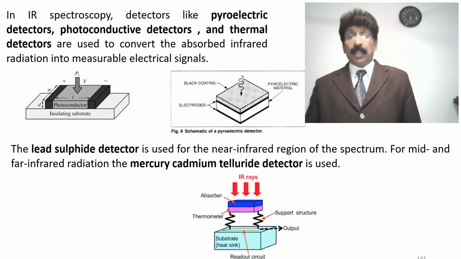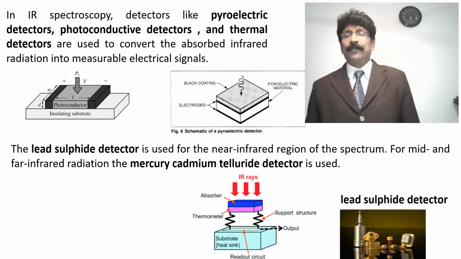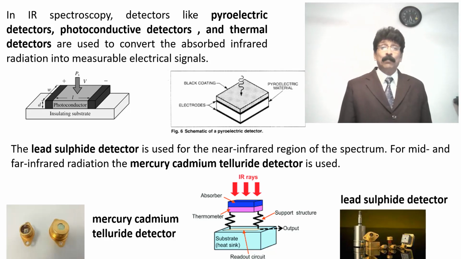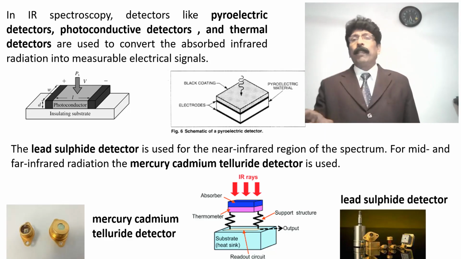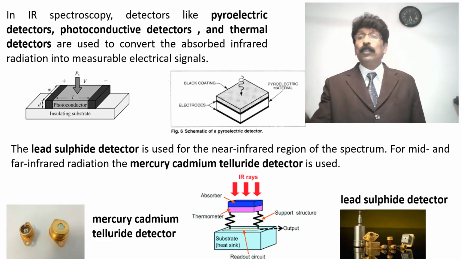This is the lead sulfide detector, and this is the mercury cadmium telluride detector. This will give the impulse of the change in the vibrational energy, the change in the bending and stretching of the bond, to the computer.